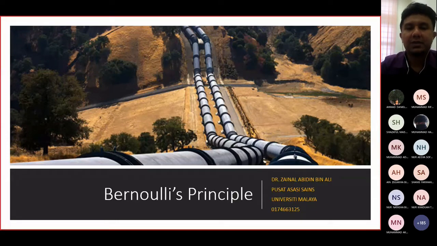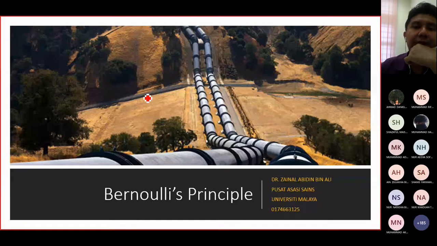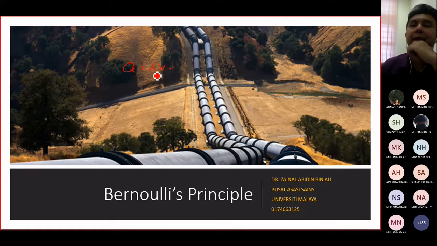Okay, now we go to the next subtopic, which is the Bernoulli Principle. As you can see in the picture, definitely we can find the flow rate if we know the speed and the area. And as you can see, water piping is not always put at the same flat height.